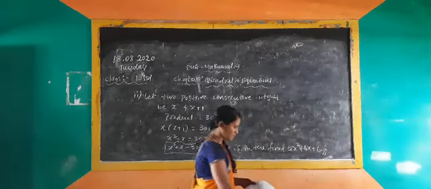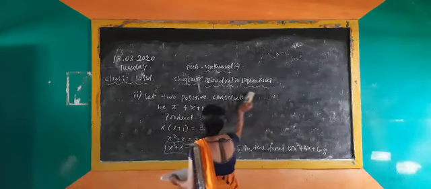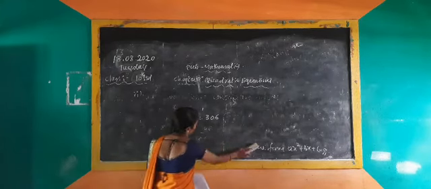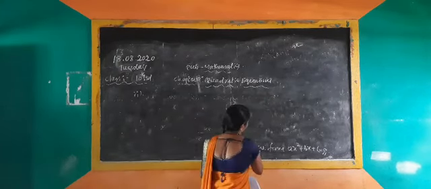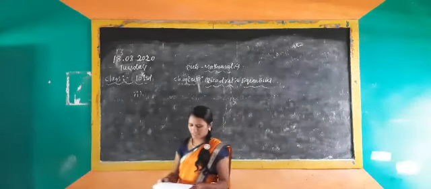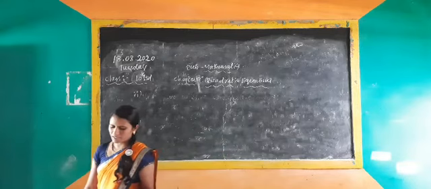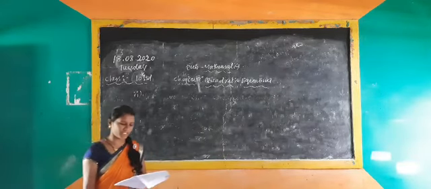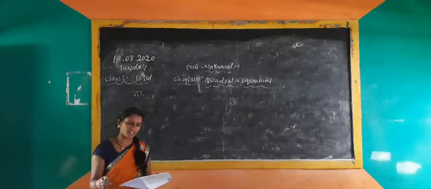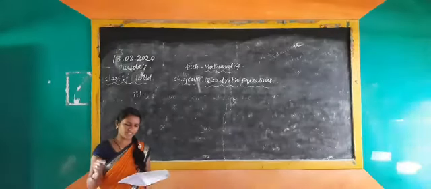Next, third one. Here an age calculation is given. Third one: Rohan's mother is 26 years older than him. Here Rohan's mother's age is given as 26 years more.